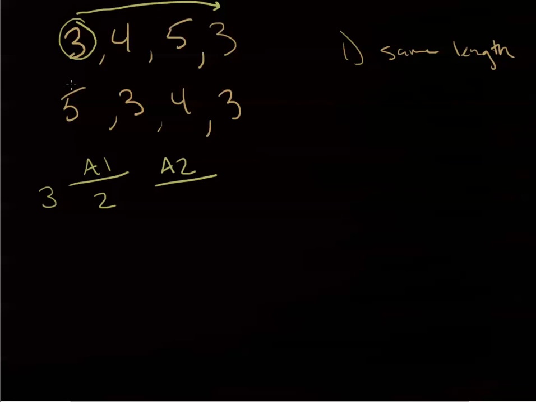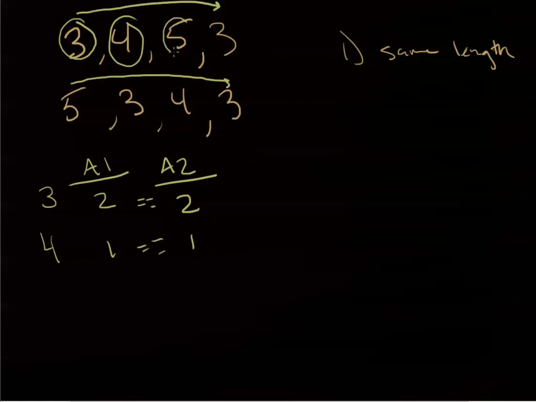Then I go through and count how many times I find 3 in A2, and I'll see it twice. And I'm going to proceed while these are equal. If they're equal, then I go to the next number, and I count how many times 4 appears. Once, they're equal. Count how many times 5 appears. Once, they're equal.